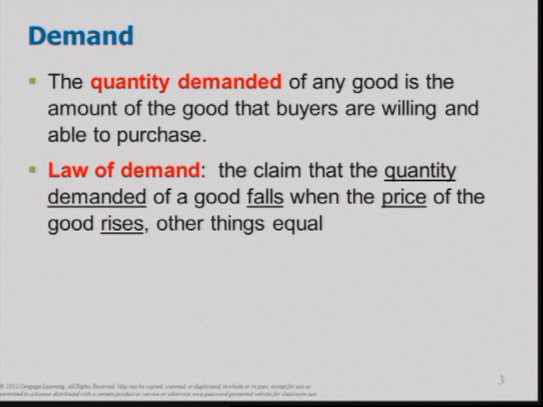Keep your hands up. $10.70. $10.60. $10.50. $10.40. $10.30. $10.20. Okay. $10. More and more hands are going up as I started at 11 and went down to 10. Inverse relationship, right, between price and quantity, and that represents the law of demand. The quantity demanded of a good falls when the price rises.